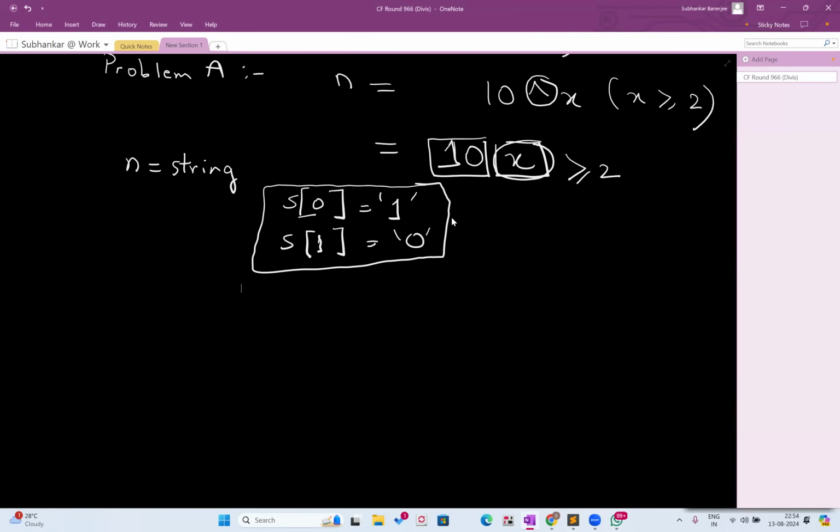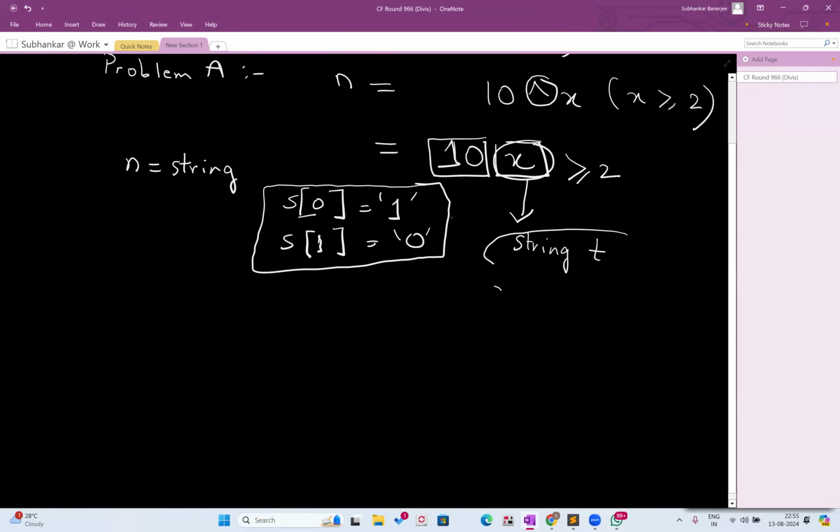After that, whatever is left except this 1 and 0, I'll call it string t. This should not be empty, as x should be greater than or equal to 2, and it should not start with 0.